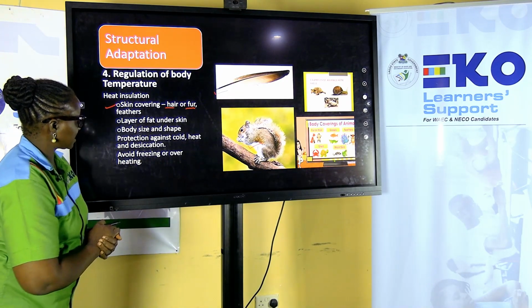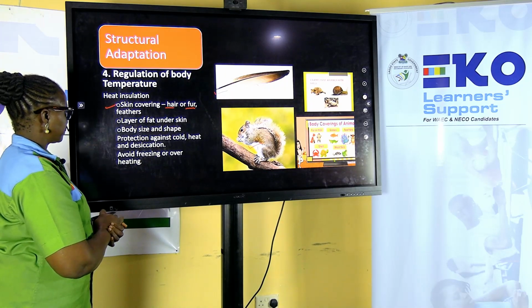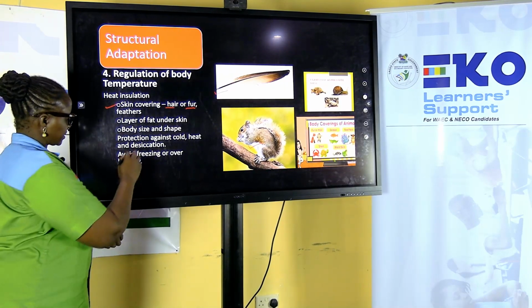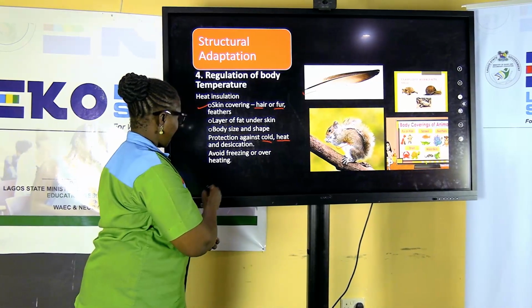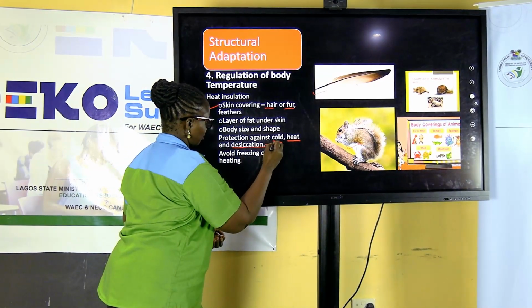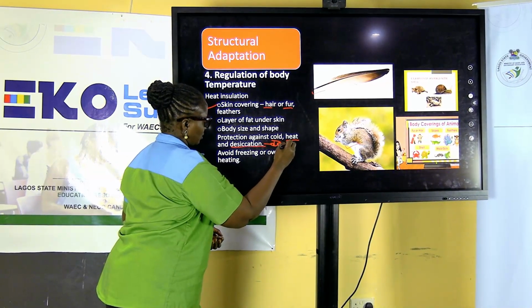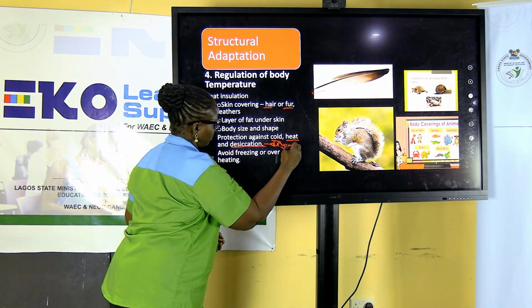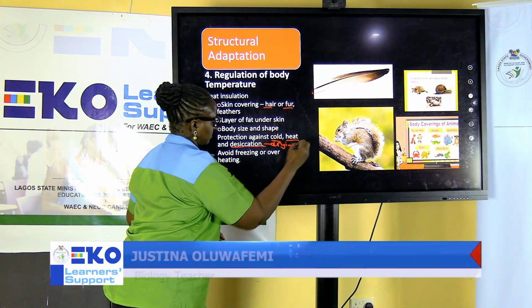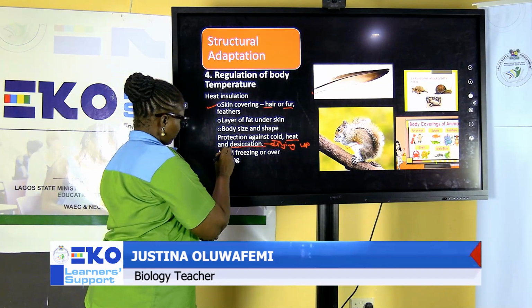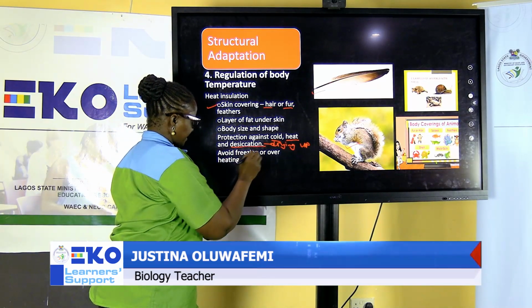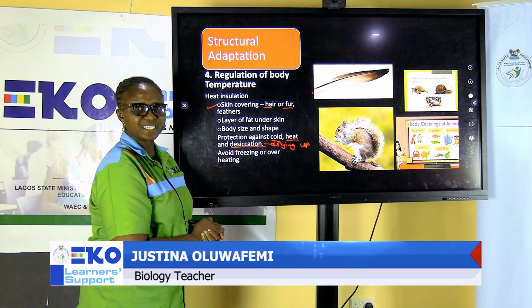Then we consider body size and shape. All of this, what do they do? They protect against cold, against heat, and desiccation. This desiccation is the same thing as what? Drying up. Then there is the need for organisms to avoid freezing or overheating.